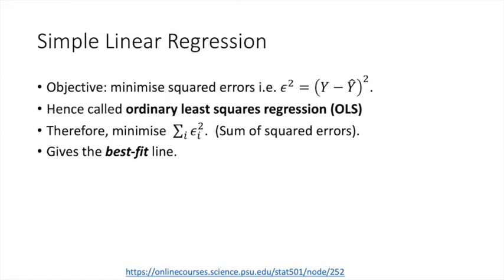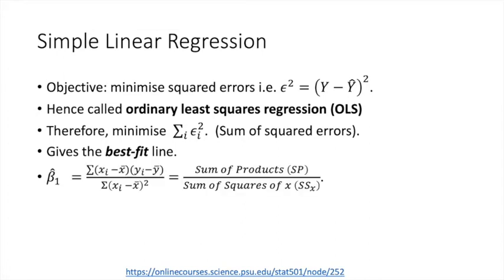In simple linear regression, this simply means estimating the best values for the two parameters beta naught and beta 1. The estimate for beta 1 is represented by beta 1 hat and is computed as per the formula on your screens. Here xi is the ith value of the independent variable x and yi is the corresponding value of the dependent variable y.